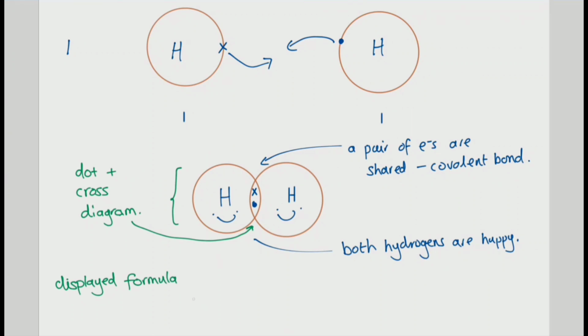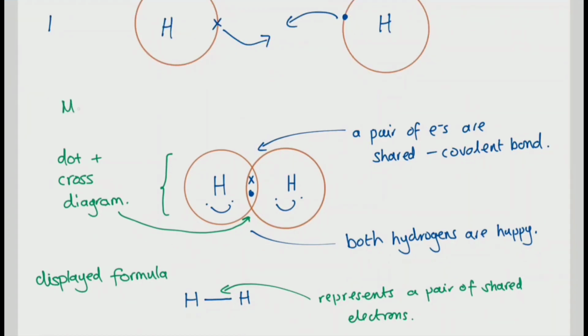So here you draw the symbols for each atom, and then you draw a line between the 2 atoms that are bonding, and this line represents a pair of electrons that are shared between the 2 atoms. Now the molecular formula for hydrogen is H2, and this shows that there are 2 hydrogen atoms bonding together, but this does not give any information on how the bonding happens.